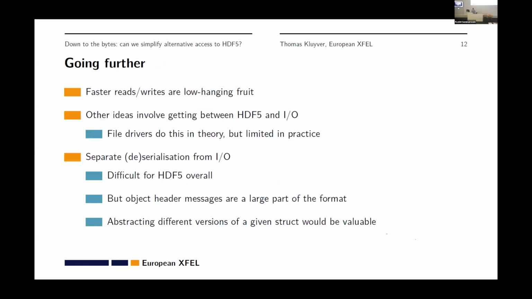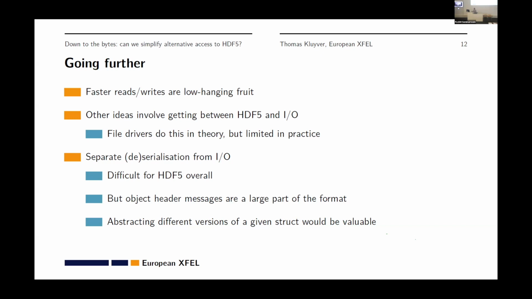I'm skipping forwards a bit because I know I'm short on time. I've talked quite a bit about speeding up reads and writes with these direct chunk access and chunk info methods. I think there are a lot more possibilities that rely on getting deeper into the file format.